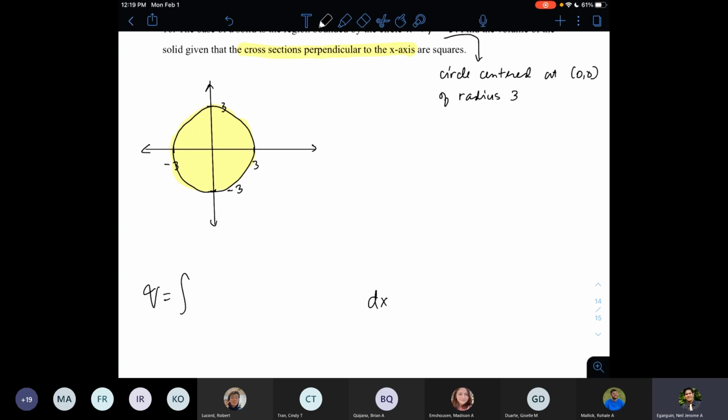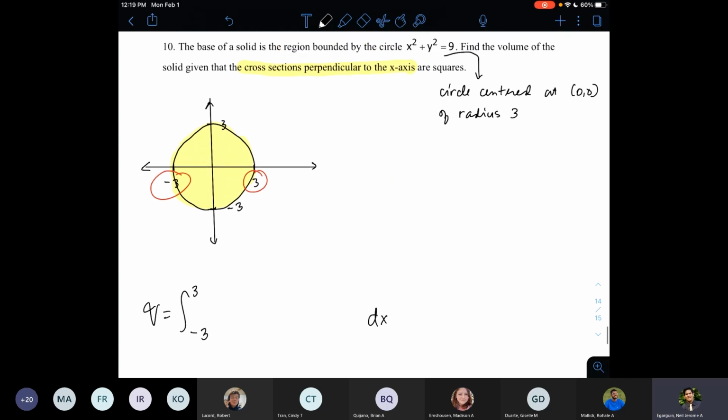Of course, you could use some symmetry over here, but I'll forget about that for a moment. Let me do the entire integration without assuming any symmetry. If I look at the shaded region, it started when x is equal to negative 3, and it ended when x is equal to 3. So the bounds for the integral would be from minus 3 until 3.